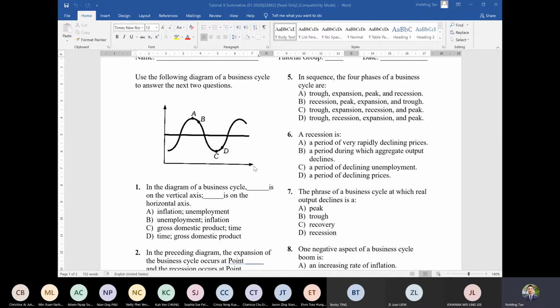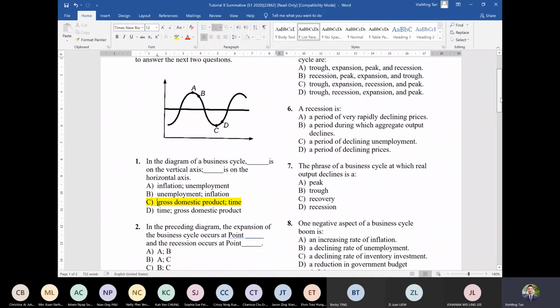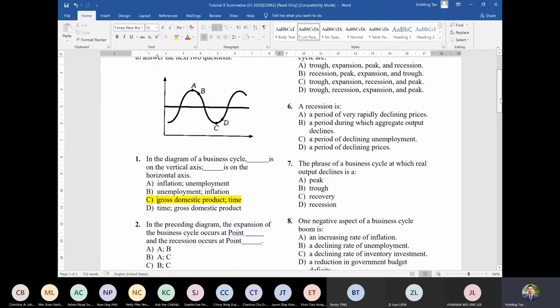So the horizontal x-axis refers to the year or time, and the y-axis, the vertical axis here, refers to the GDP or national income. So the best answer is C. Thank you. Any questions so far? This question tests whether you know the labels for the X and Y axes of the business cycle diagram.